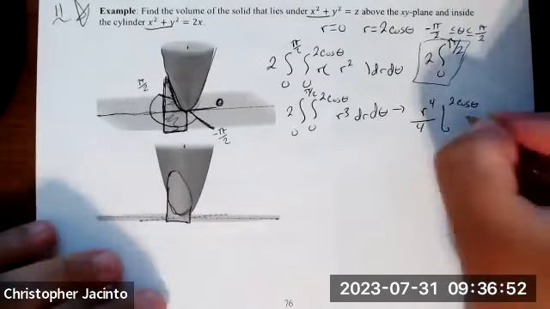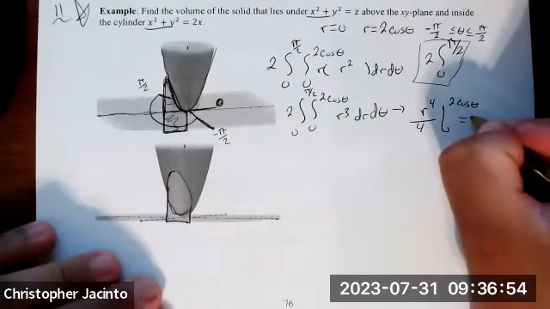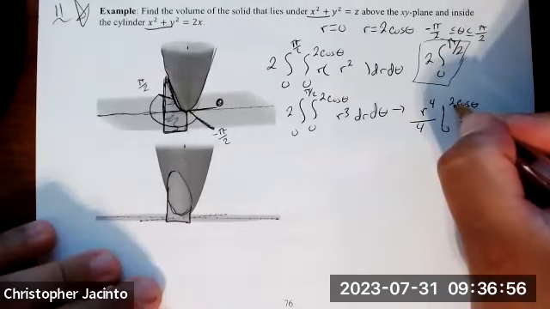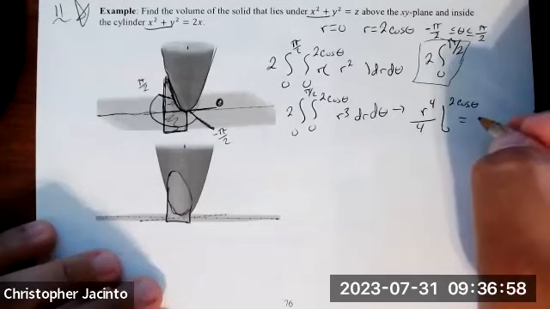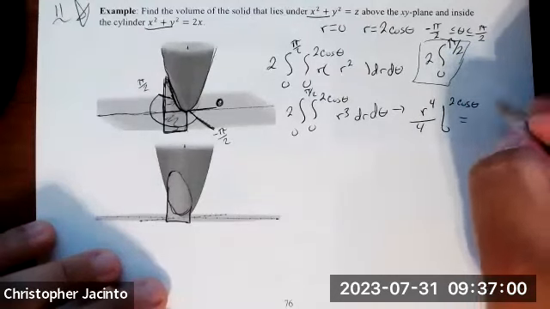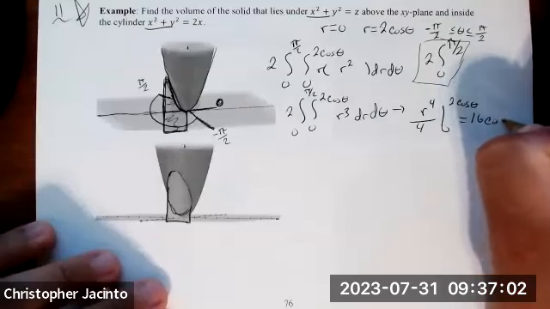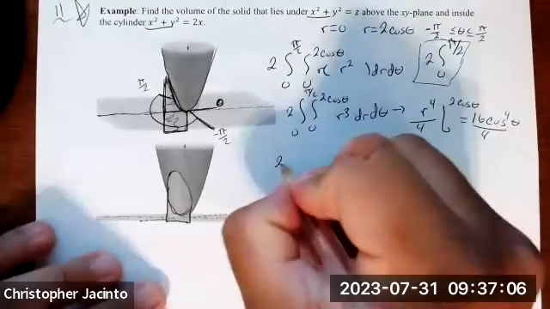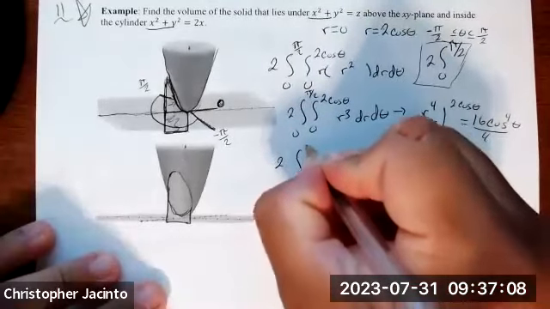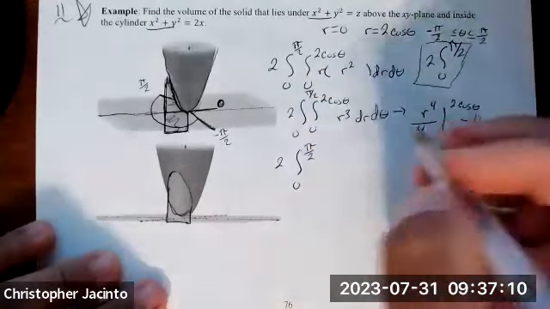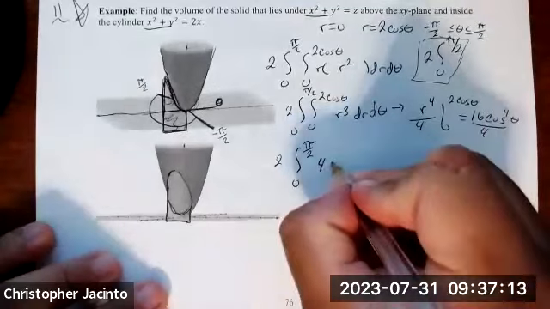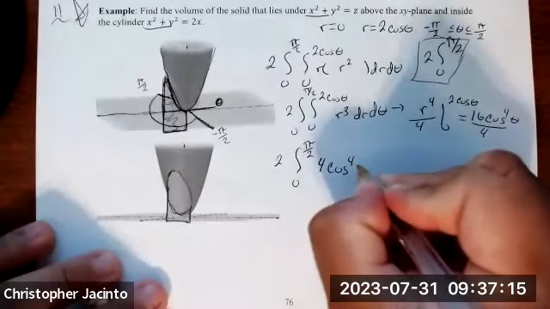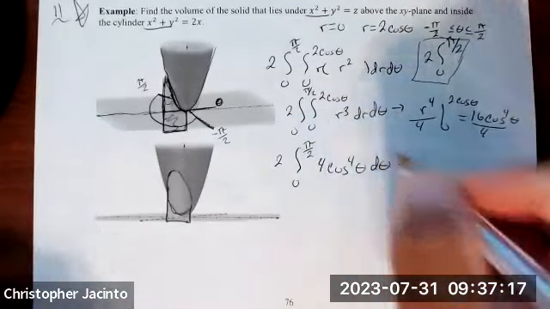Now 0 goes away, so we just get, let's see, 2 times 2 is 4, 2 times 2 is 8, 2 times 2 is 16. Cosine to the 4th over 4. So we're going to take the integral from 0 to pi over 2 of 4 cosine to the 4th theta, d theta.